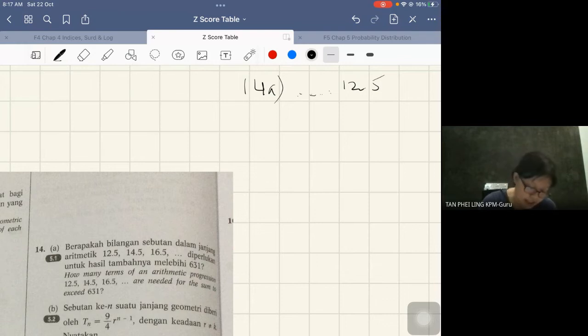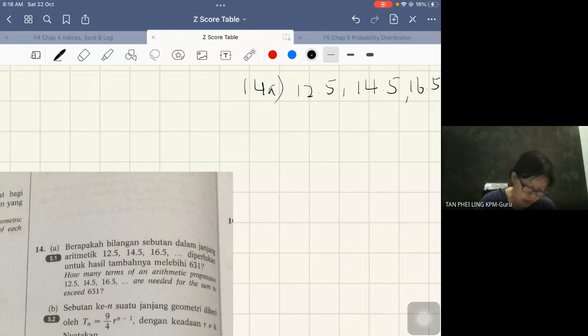But here they didn't put a dot in front of 12.5, which means you can happily use 12.5 as the first term. So you have 12.5 and then 14.5, another one is 16.5.